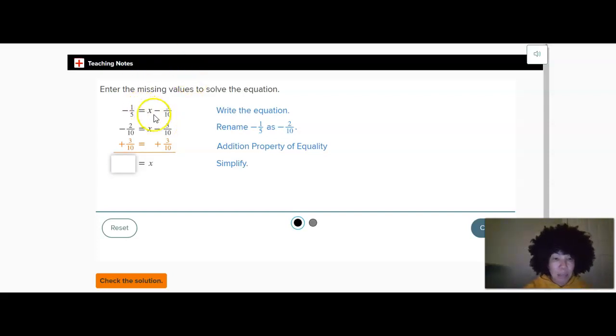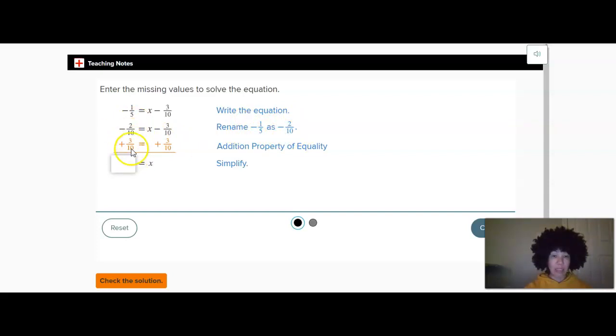So if I have x minus 3/10 equals negative 1/5, since I'm subtracting 3/10, then we will add 3/10 to both sides. And this one kind of did two steps all at once. If we add 3/10 to both sides and get a common denominator, they rewrote negative 1/5 as negative 2/10, so that we would have a common denominator.